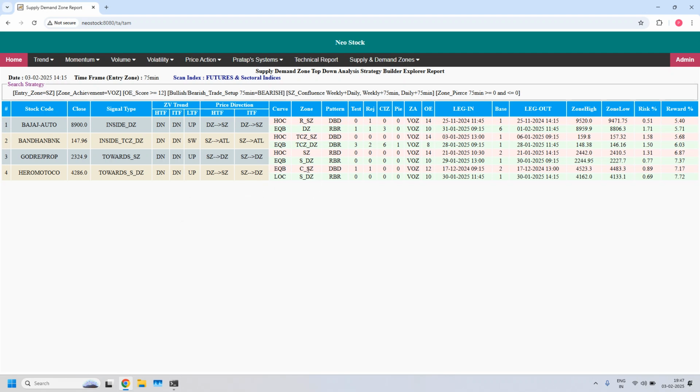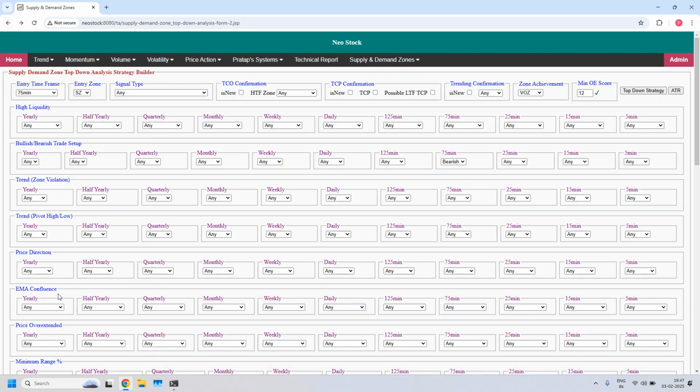In these 4 stocks, these 75-minute supply zones are overlapped with daily supply zone. Both together again overlapped with weekly supply zone. And also weekly trend is down in all the 4 stocks. If weekly supply zone is having weekly EMA confluence, then these 75-minute supply zones are even more high probability trade setup supported stocks. Let's verify.